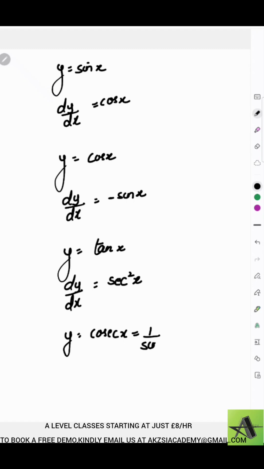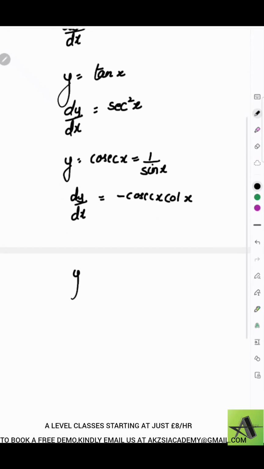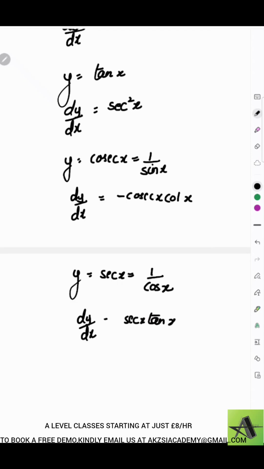So either I can write 1 over sine x, or 1 over sine x can be written as cosec x. And the differentiation of cosec x is minus cosec x cot x. If your function is sec x, it's a reciprocal of cos x, and differentiation of sec x is sec x tan x.